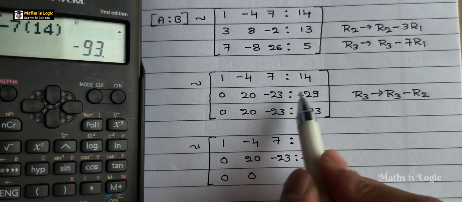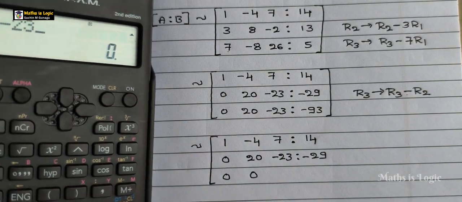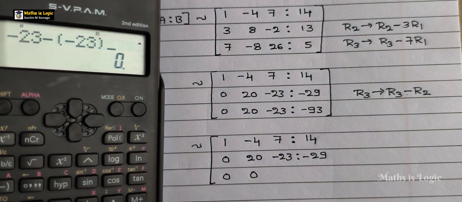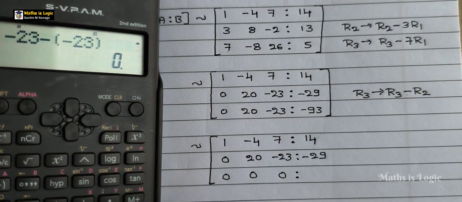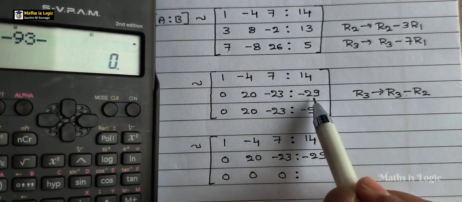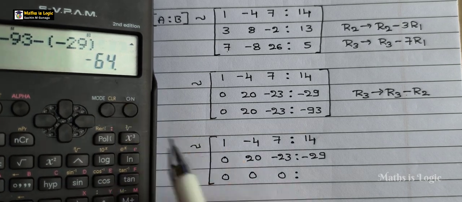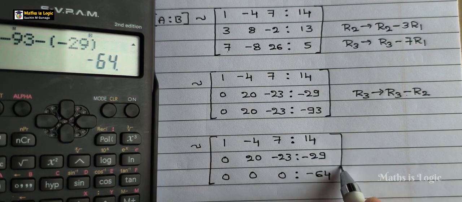Next minus 23 minus of minus 23, that is 0, correct? Minus 23 minus in bracket minus 23. So this is 0. Next R3 minus 93 minus of minus 29. So this is minus 64.